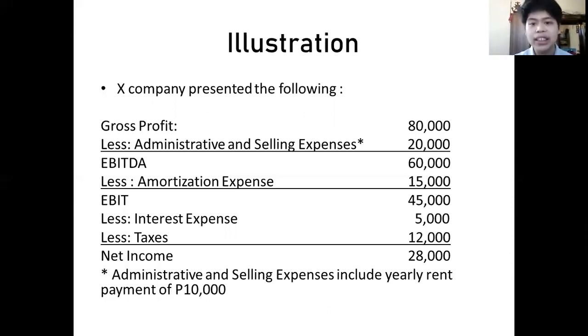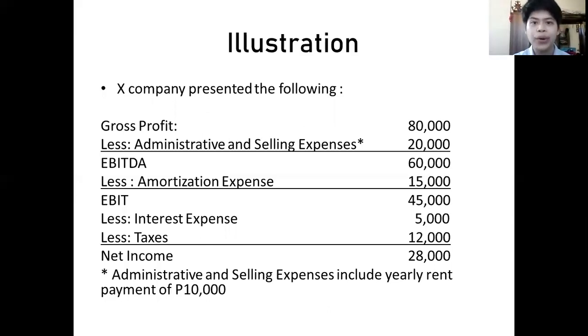So less amortization expense of 15,000. Our EBIT is 45,000 pesos. Less interest expense and taxes. So our net income is 28,000 pesos.